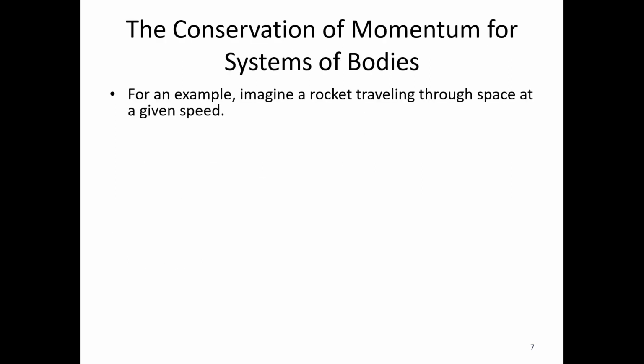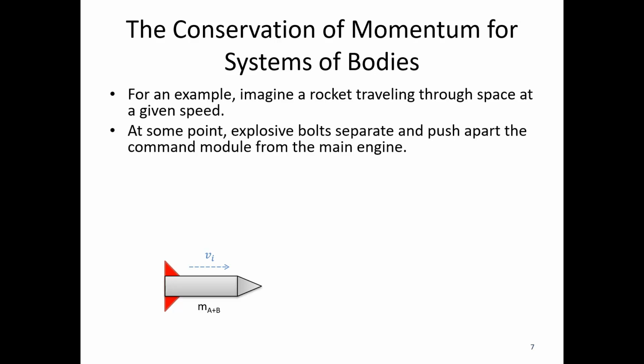So for example, imagine a rocket traveling through space at a given speed. So we've got our rocket down here. It's got some mass, some velocity, some initial momentum. So at some point, explosive bolts separate and push apart the command module from the main engine. So got some boom, and then suddenly we split into the main engine part and the command module part.